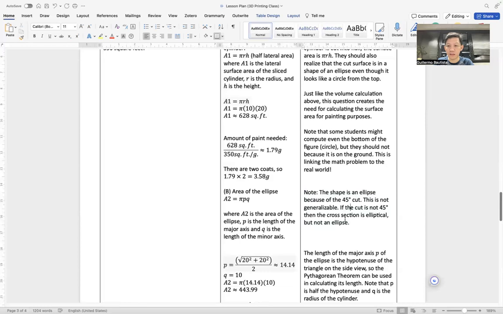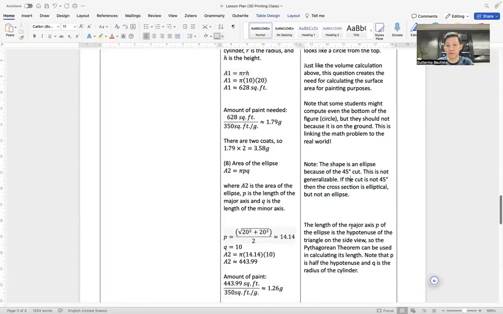So that's why it's an ellipse. If it's not 45 degrees, then it's not an ellipse. It's an ellipse-like shape, but it's not an ellipse. So I specifically designed the cut to be 45 degrees.